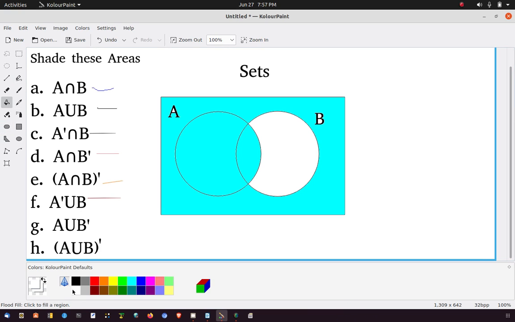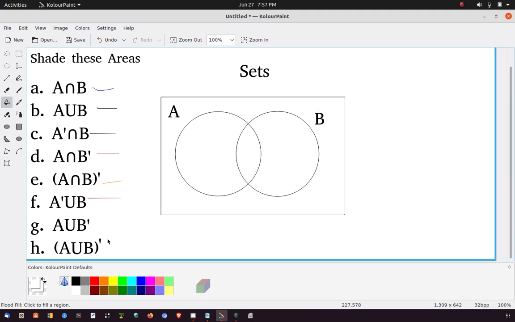All right. Now, the next one, let's clear this, we've done this one already. Let's look at A union B, or complement. A union B complement. You're going to identify A union B first of all, and then you look at the complement of that. It's everything that is not included in that.